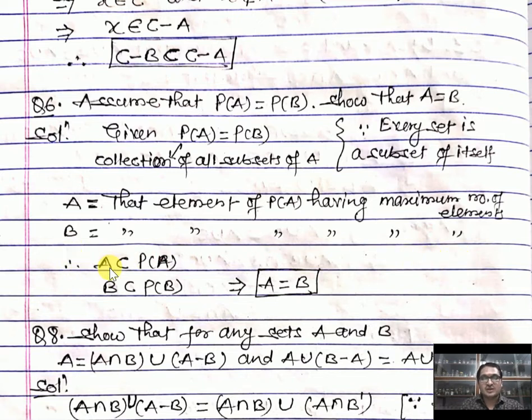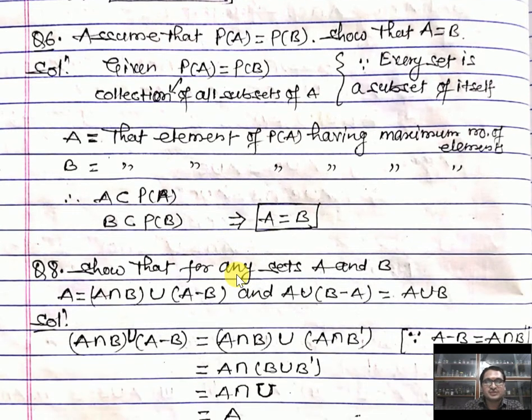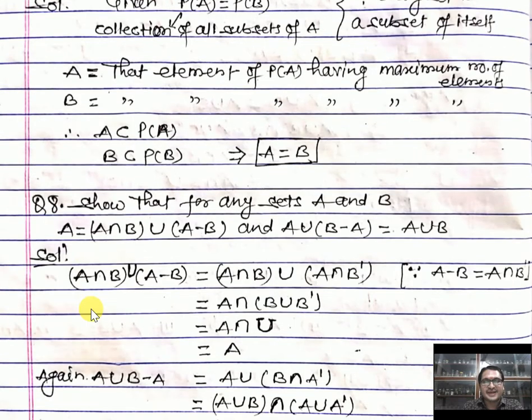It means A is the subset of PA, right? And B is the subset of PB. PA and PB both are equal, it's given. This implies that A will be equal to B. Question number 8.